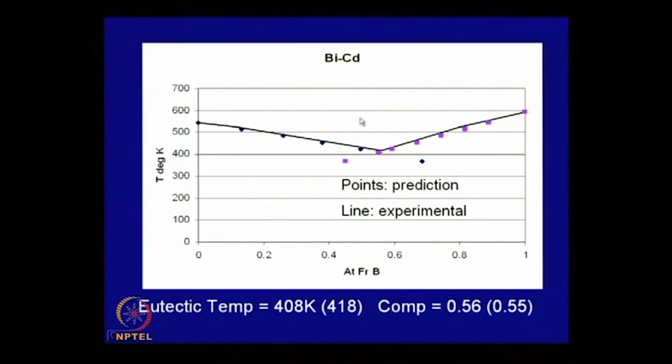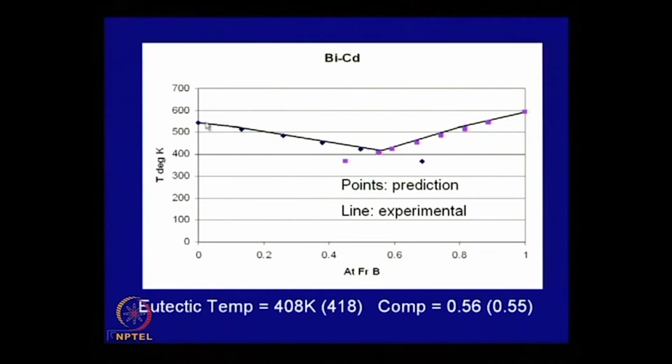That means, when solidification takes place, if it is on the bismuth end, you have primary bismuth precipitating out, and if you are on the cadmium end, then pure cadmium precipitates out when the solidification begins. This forms a eutectic system.